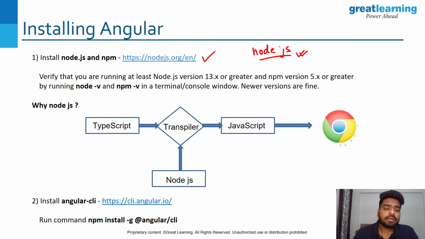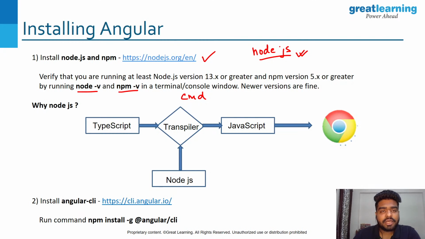So verify that you're running at least Node.js version 13.x or greater and NPM version 5.x or greater, which I showed you how to check using node minus v and npm minus v in a terminal console window, which is nothing but cmd. Right? Newer versions are fine, so you can download. Every month a new one comes, so you can check and do it.